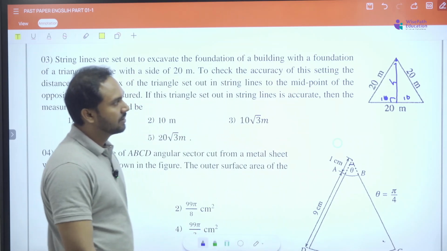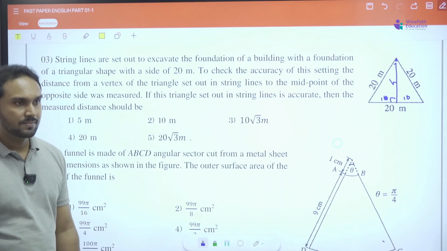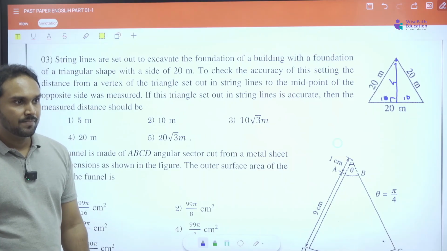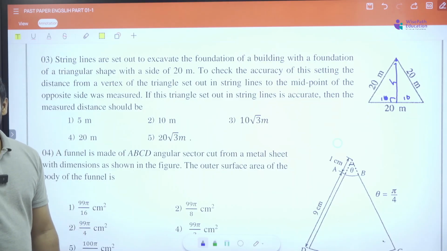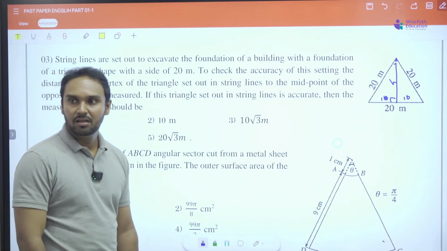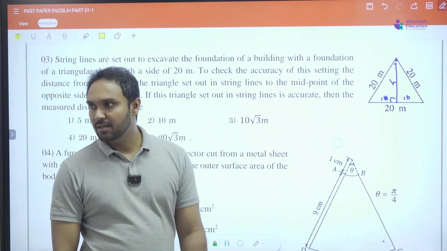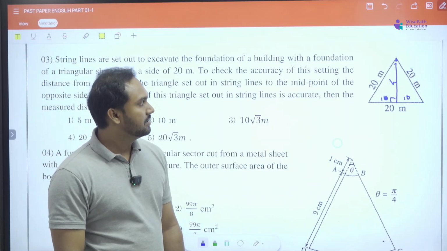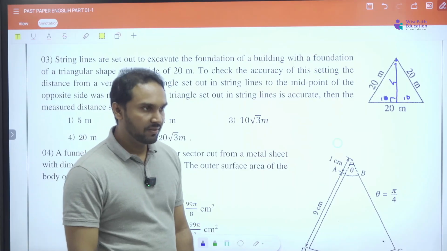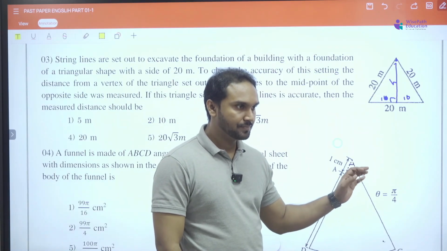Apart from Pythagoras, anything else? This is an equilateral triangle. So I think you had better use one of the trigonometric ratios, because simplifying the Pythagoras will be a bit more difficult.